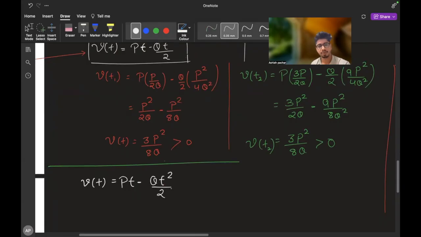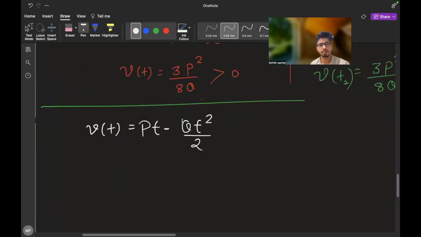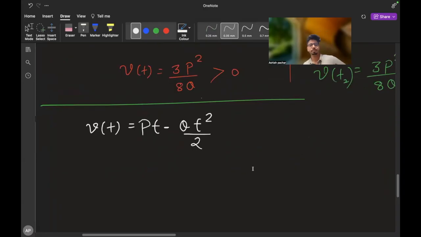If you know something about quadratic expressions, because the coefficient of t square, or x square, is negative, you will get a downward parabola. You will get a shape like this, parabolic. A quadratic equation has a parabolic shape, so it will be like this.